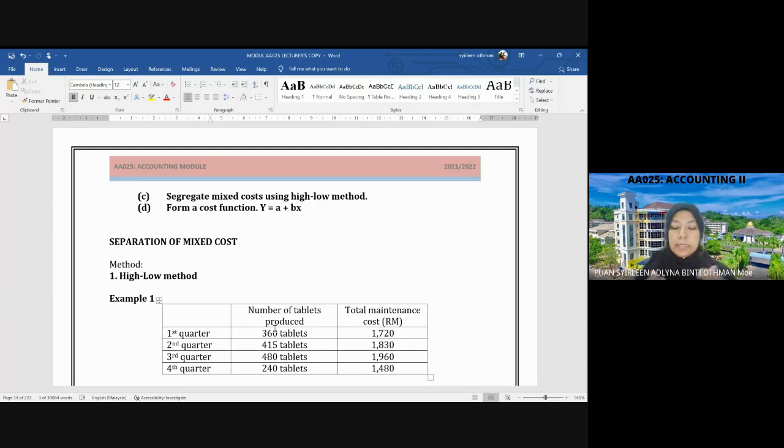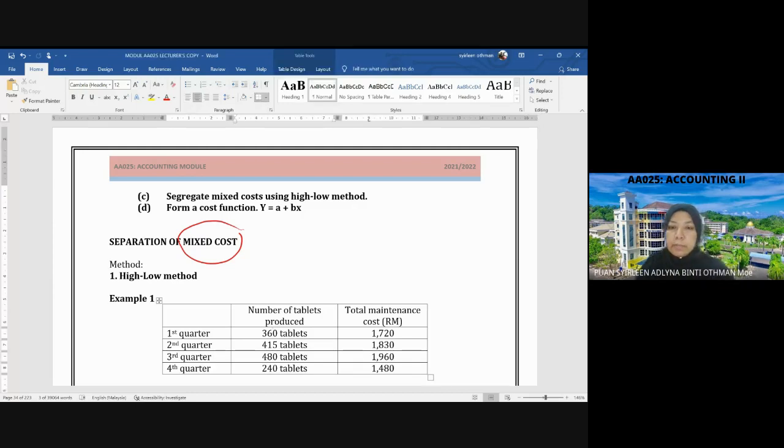And if in your set of data there is a mixed cost, you need to separate it first. Because when we calculate the cost function, we need to add A and B. So A and B are only fixed and variable. So if in the set of data you have mixed cost, the first thing that you need to do is segregate. Separate first how much of the mixed cost is fixed cost, how much is variable cost, then only can we estimate the total cost.